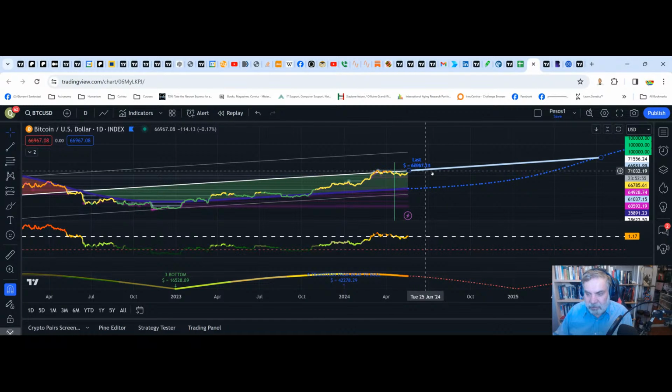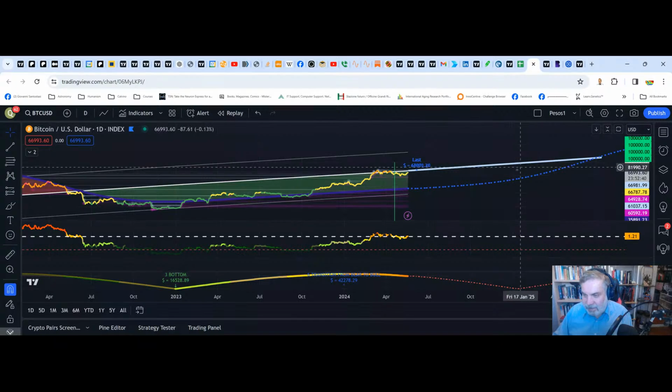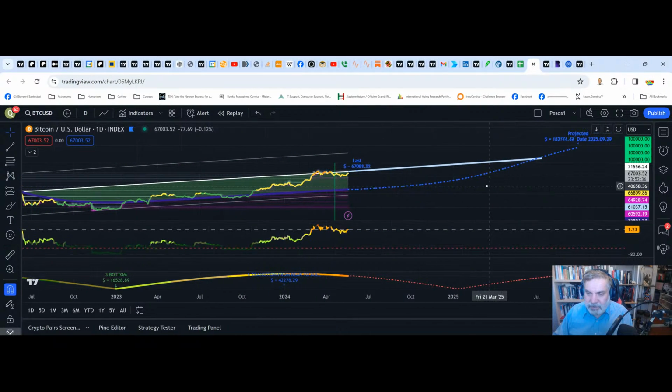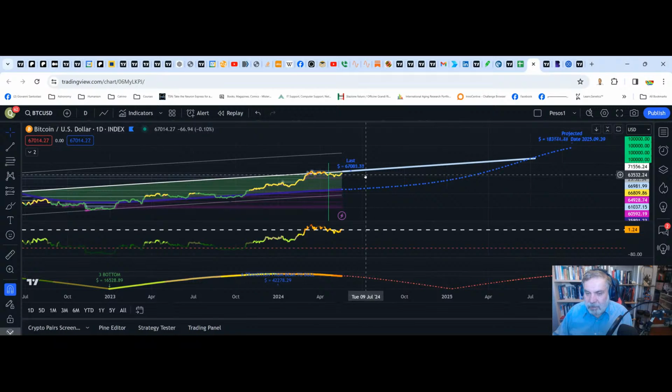We want to monitor what is going on. Are we following along the power law trend? As we come closer and closer to the full bull market, we can get ready for the real full bull market. In terms of DCA, for example, I would say continue to do your stacking. Maybe as we come closer to the full bull market, you want to reduce it a little bit.